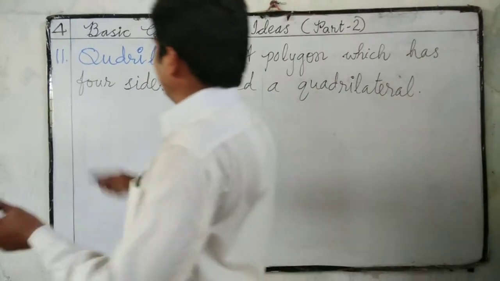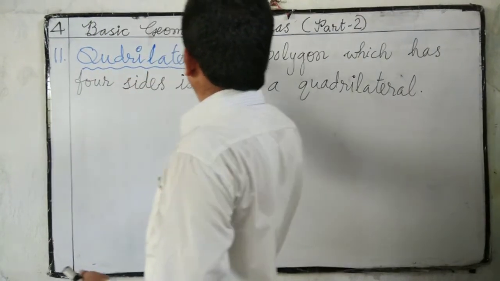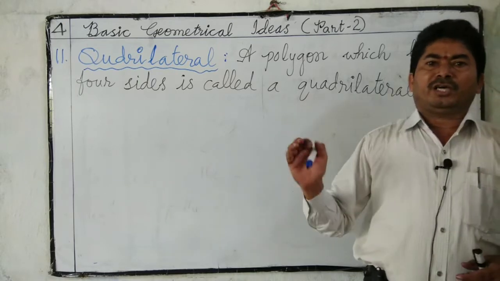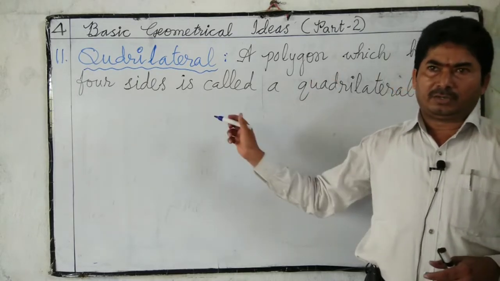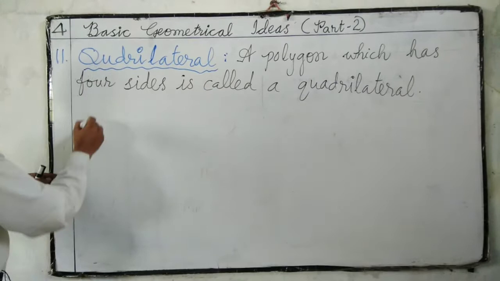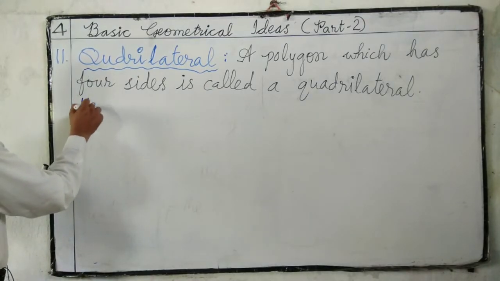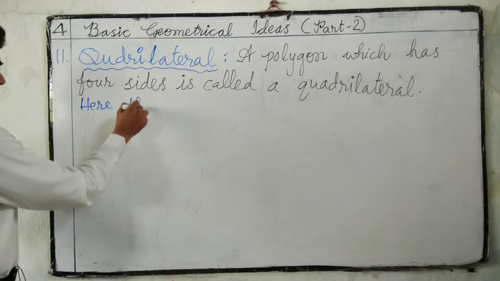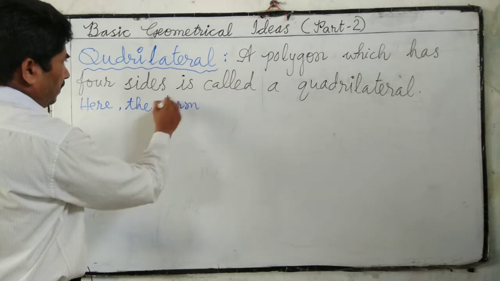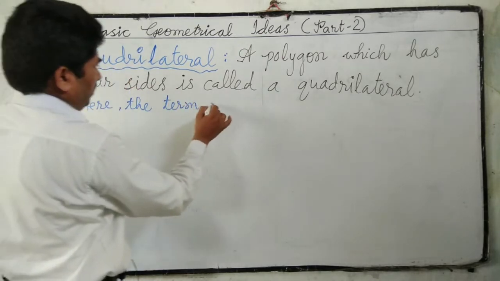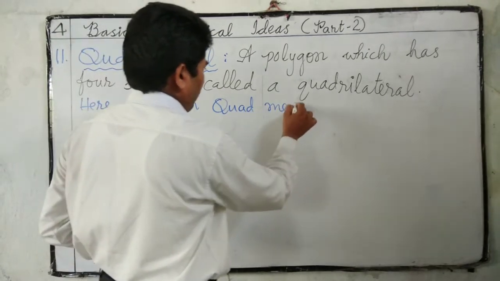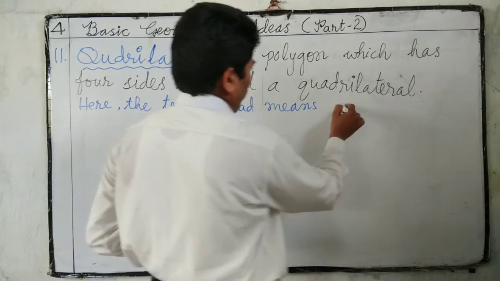Quadrilateral. What is a quadrilateral? A polygon which has 4 sides is called a quadrilateral. Here the term quad means 4.